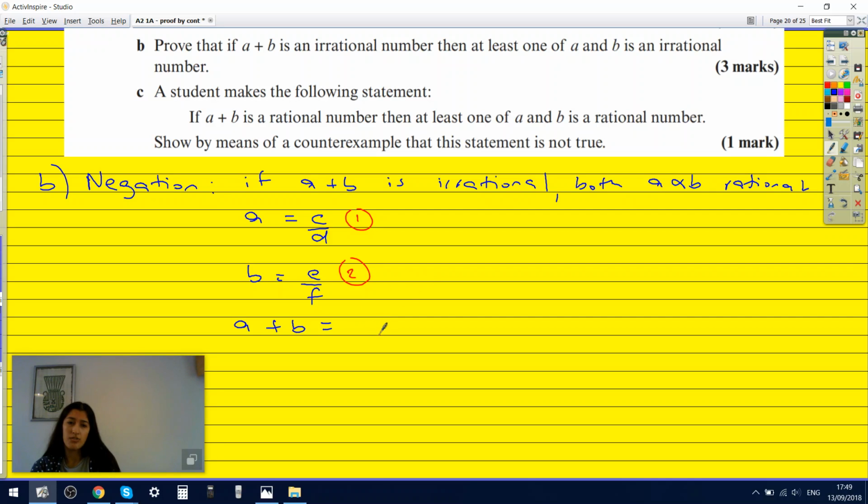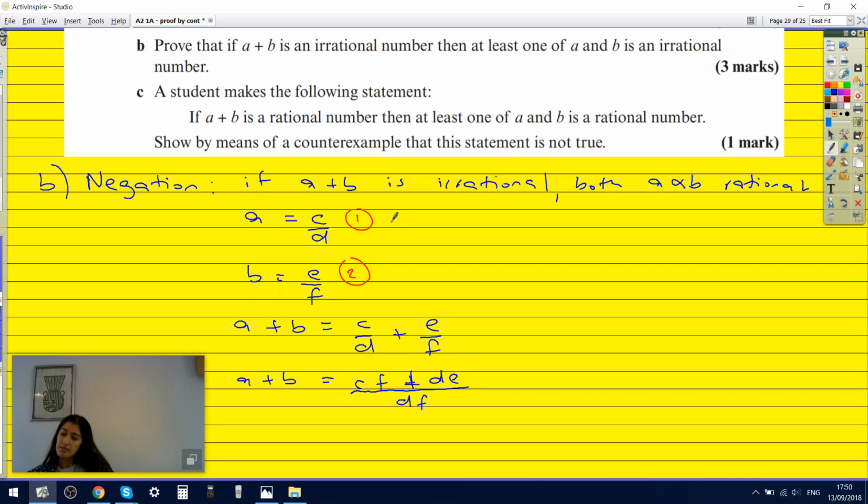A plus B equals C over D plus E over F. Given the same denominator, which is DF, so CF plus DE, all of it over DF. Which is rational. Equals A plus B.